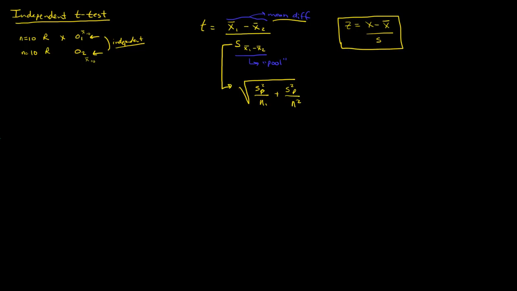Well, how do you get this s squared sub p term? This stands for pooled variance.